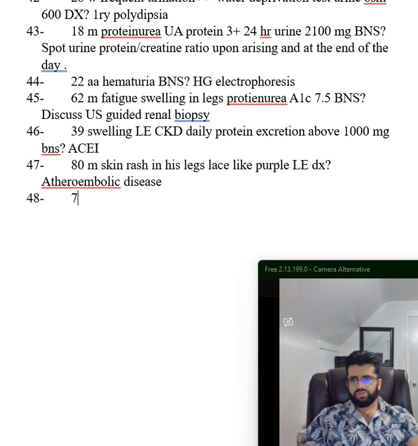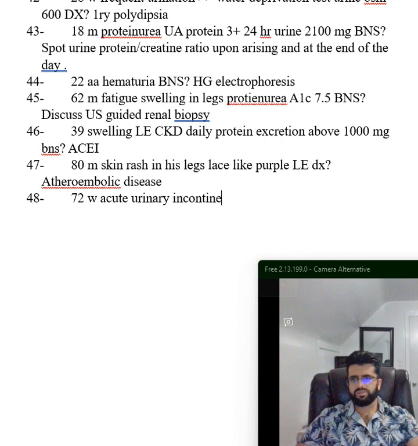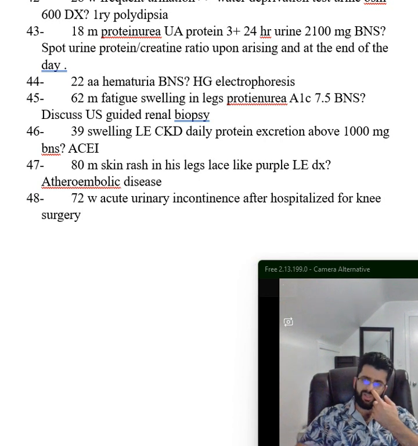Now there is this 72-year-old woman who had acute urinary incontinence after a recent hospitalization for knee surgery. A rectal exam shows hard stool in the rectal vault.